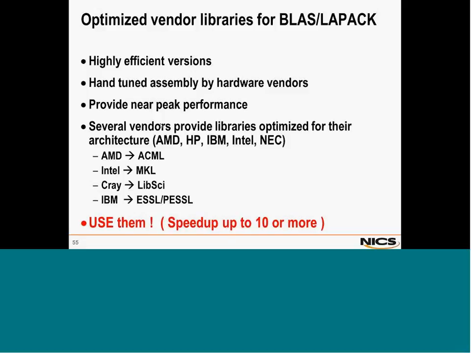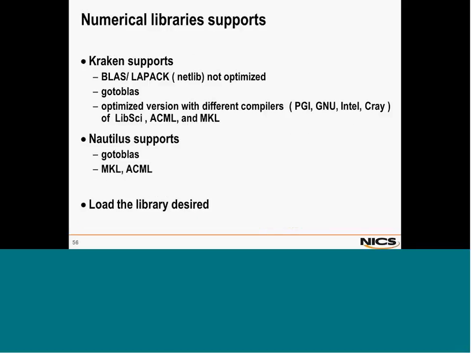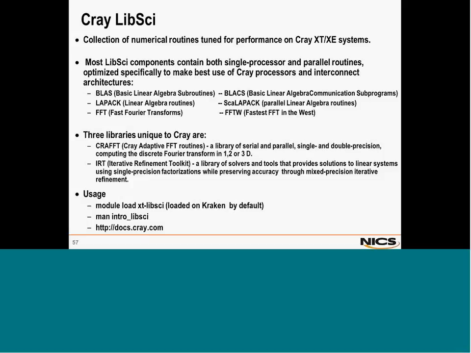So, although these different vendor libraries are provided, you can try to optimize it. Nautilus also supports different things. And here's just a quick slide on what Cray LibSci provides on our machines. It has FFT and linear algebra, and it also provides FFTW.